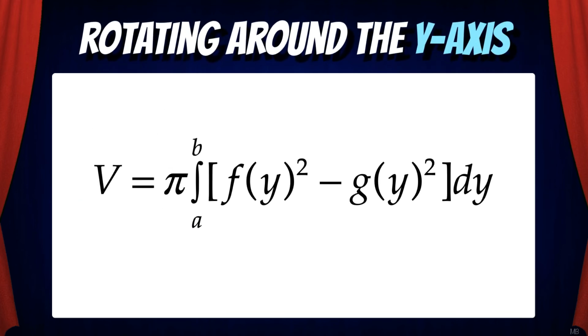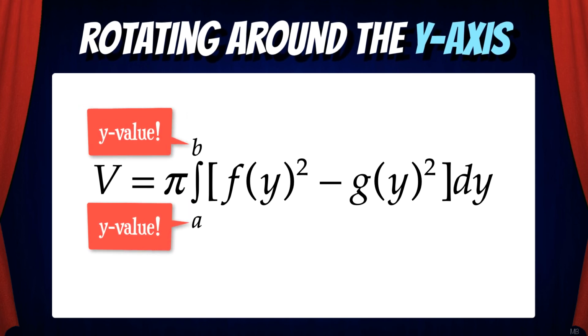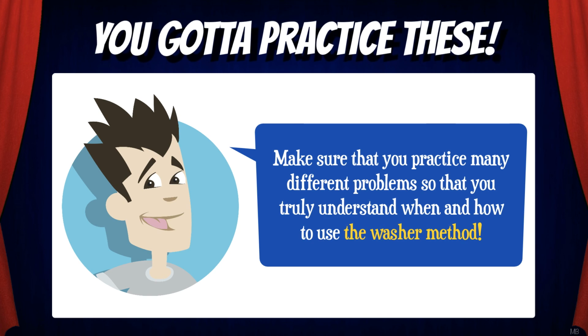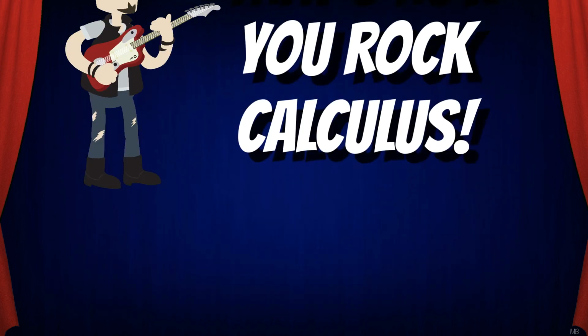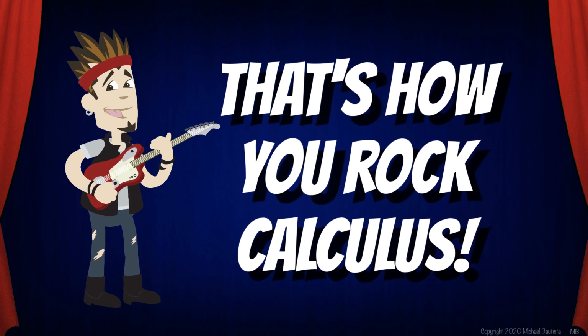When rotating a region between two curves around the y-axis, you can find the volume of revolution by using pi times the integral from a to b of f of y squared minus g of y squared times dy. And note that a and b, the limits of integration, are now y values. Make sure that you practice many different problems so that you truly understand when and how to use the washer method. And that's how you rock calculus!